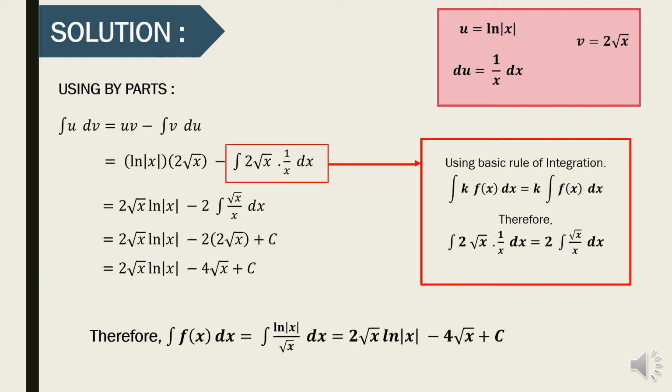Now, to solve the integration of square root of x over x, we get 2 square root of x ln x minus 2 times 2 square root of x plus c. We have to add c since there is no limit. So the integration of f(x) dx is equal to 2 square root of x ln x minus 2 times 2, which is 4 square root of x, plus c.